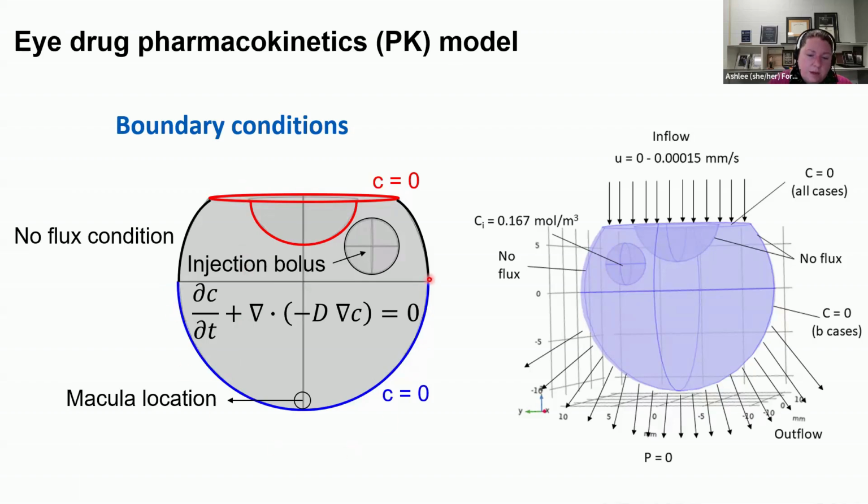It's less well established what's the right rate of flux from the back of the eye, or if there is any elimination. So we considered two boundary conditions there with PDEs, whether there's zero concentration or zero flux boundary condition. There was also some debate in the literature about whether there was a velocity imposed from the front to the back of the eye.